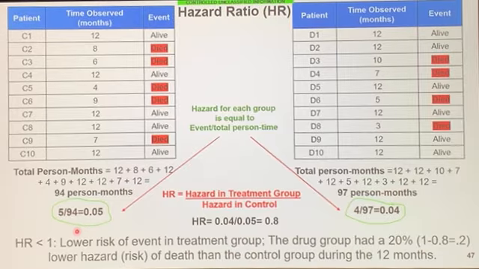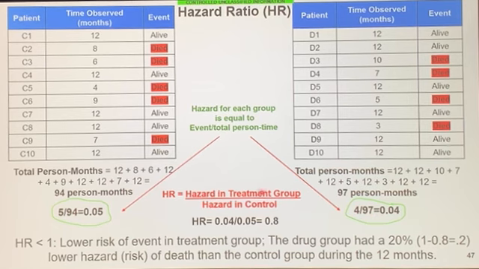So the hazard ratio for the control group is 0.05. You do the same thing for the drug treated group. 4 people died in the drug treated group. And when tabulating all of the months that they participated, that gives you 4 over 97, 0.04.